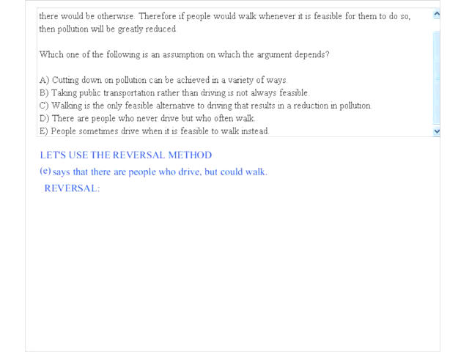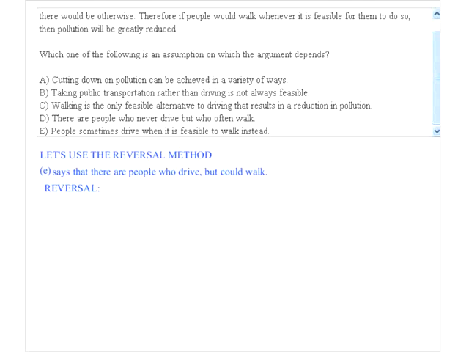If this is false, then what does that mean? People who drive, those are not correct reversals. So the one thing that's difficult about this is that sometimes reversals are hard to make.